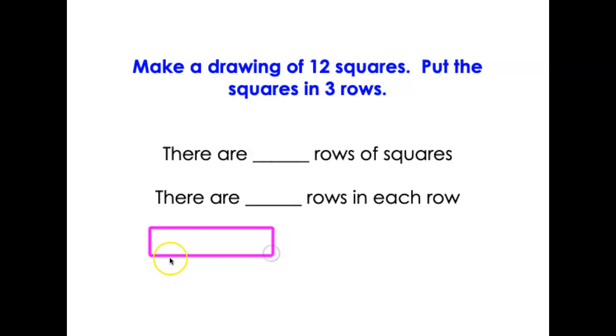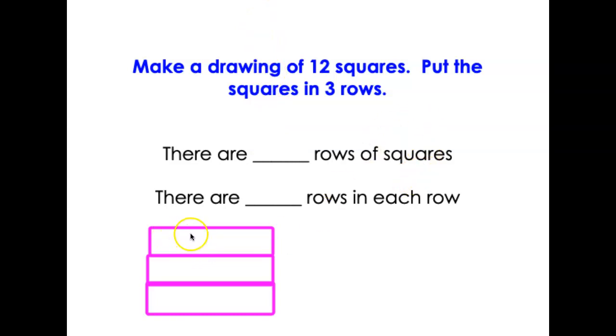We're gonna make 3 rows, and remember rows go across, and they want 3 of them. That's 2, and again, we're pretending like these are perfect shapes. Okay, now we need to have 12 of them.